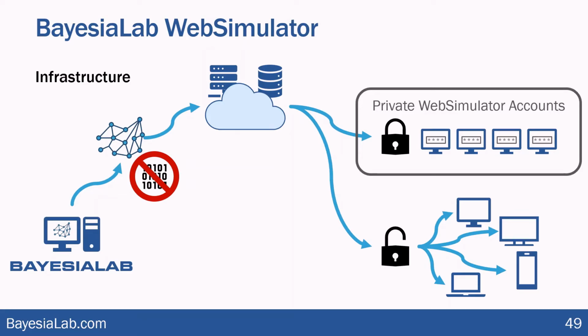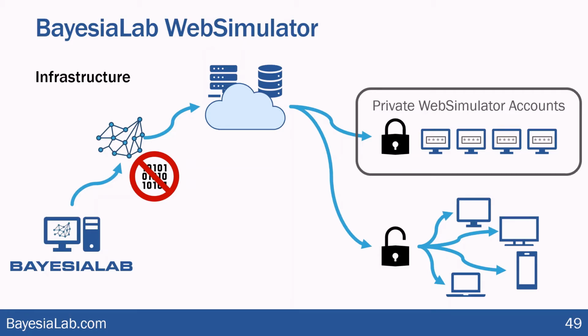Now here, in our particular case, we don't have any underlying data, but in other cases, you may have learned your network from potentially sensitive business data. So that underlying data is never being transmitted. So it's only the model, only the relationships that are uploaded to the BayesiaLab web simulator server.